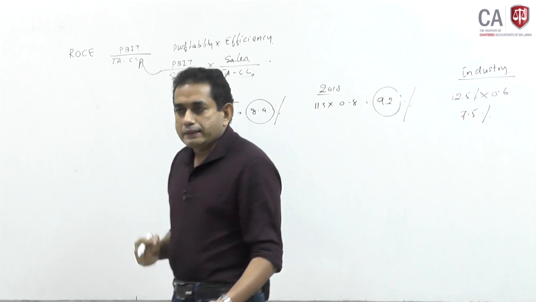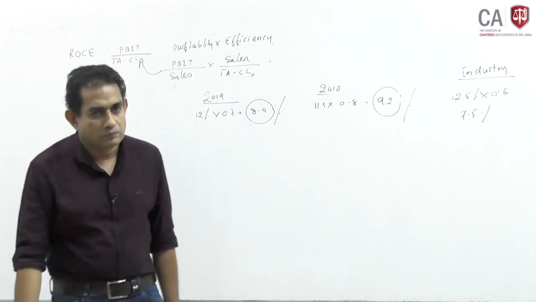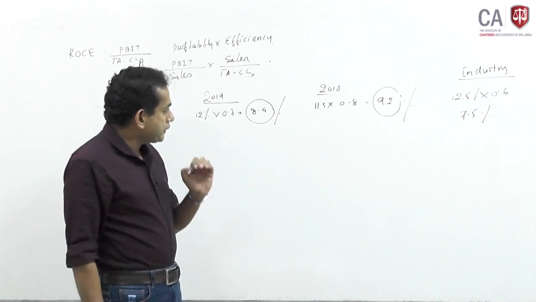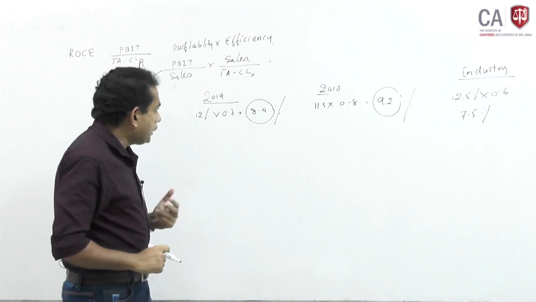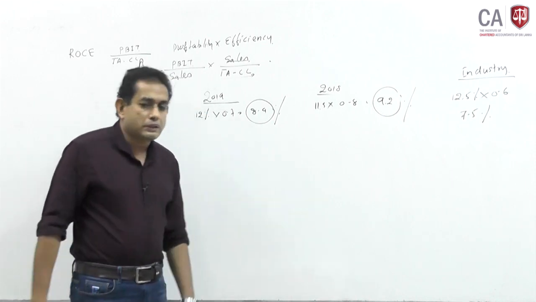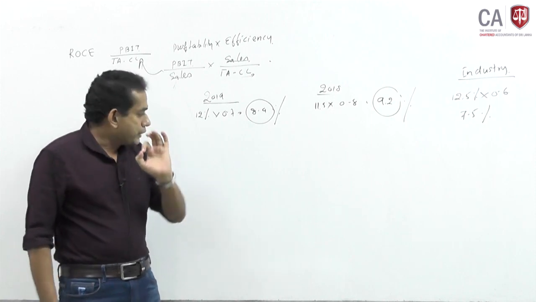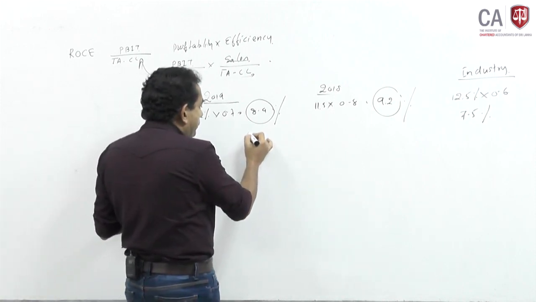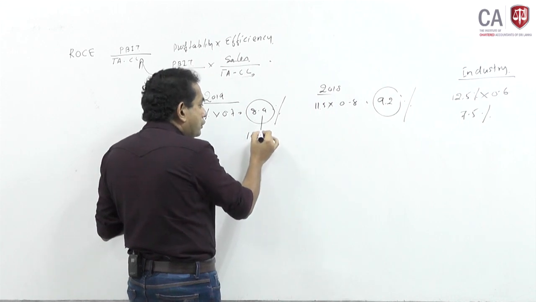Now, what is the ultimate interpretation of the ROCE? You being able to have 8.4% ROCE for the year of 19 means that for every 100 rupees of capital you invested, you have earned a profit of 8.4.